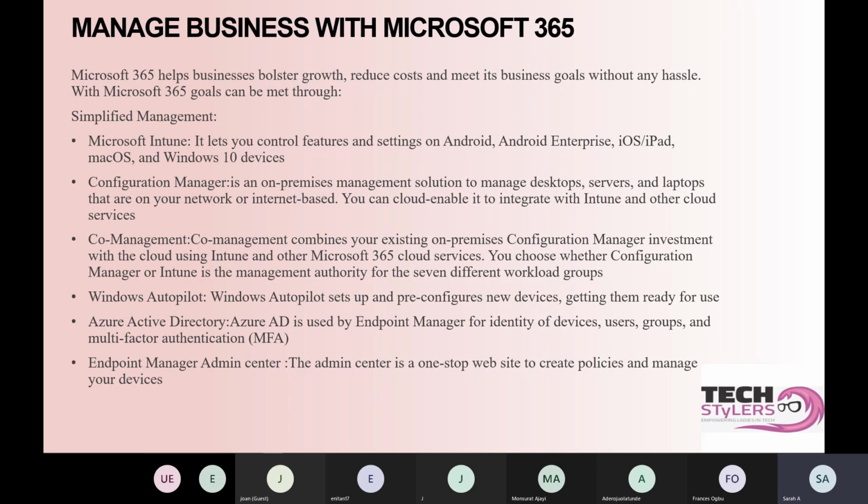So we have Microsoft Intune. It lets you control features and settings on Android phones, Android Enterprise, macOS, and Windows 10 devices. Now, for companies that can afford it, you will see that they give their staff separate phones, separate computers.